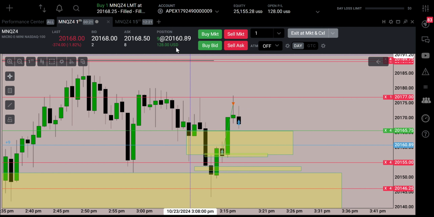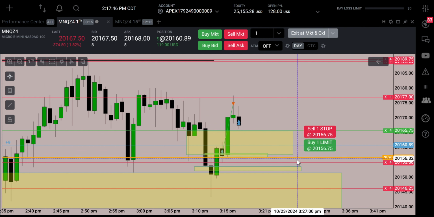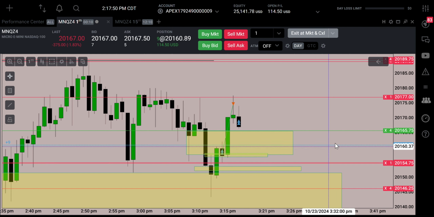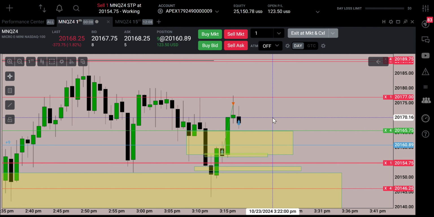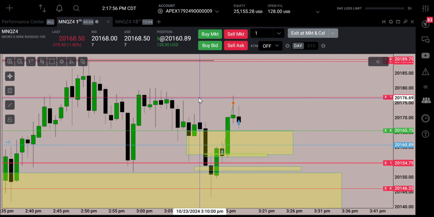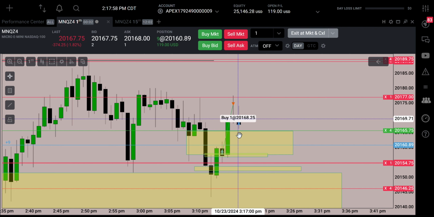And recalculate how many we have on and where we have stops. So 8 stops. And that's what's going to allow us to put one there. So add a stop there. And these two entries are based off of this fair value gap because we traded above this swing high.